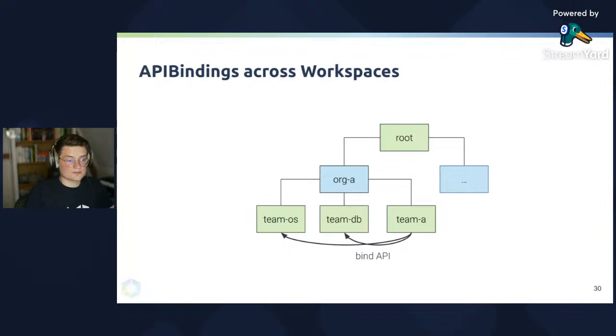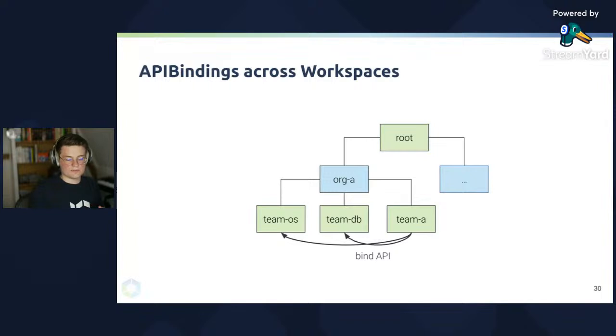Because of that, there are some ways to cross these boundaries between workspaces, and API bindings are one of them. A team that owns one workspace can create API bindings that connect to API exports owned by different workspaces. This is where you can model your organizational structure and have collaboration between these teams.